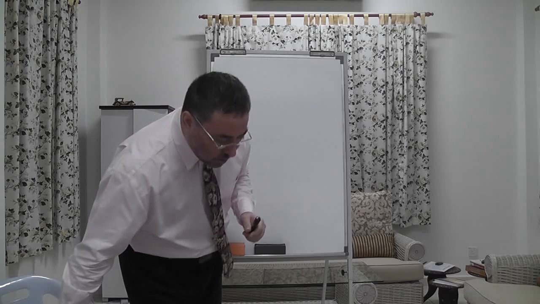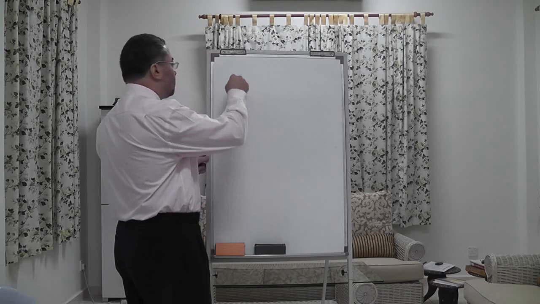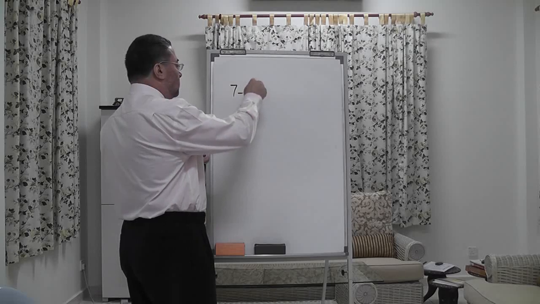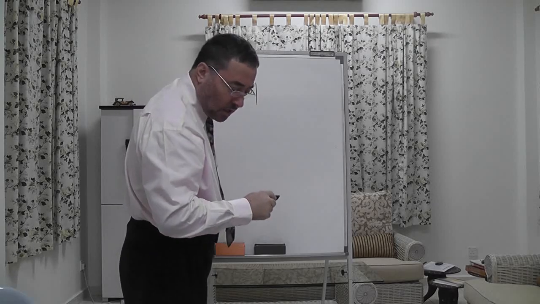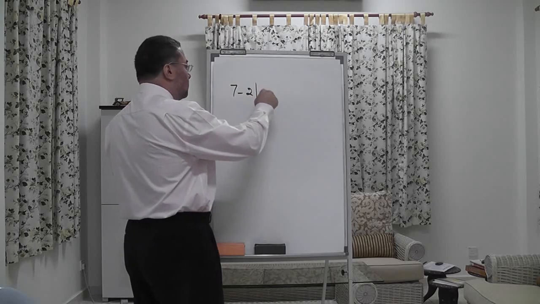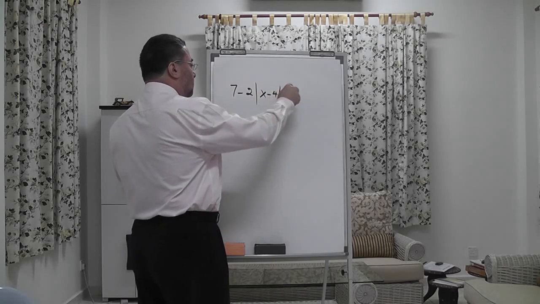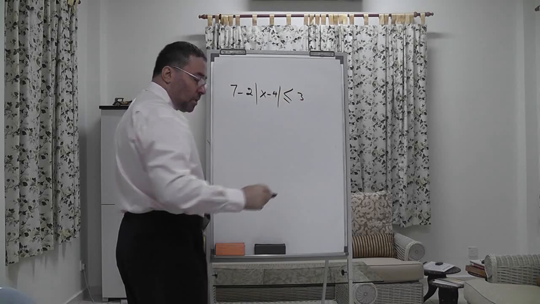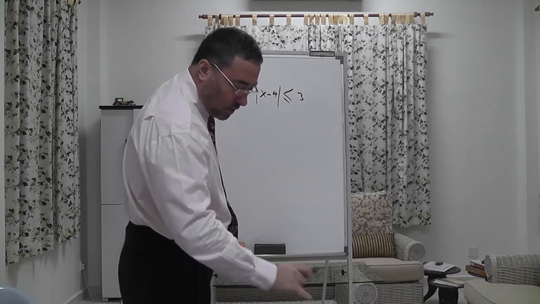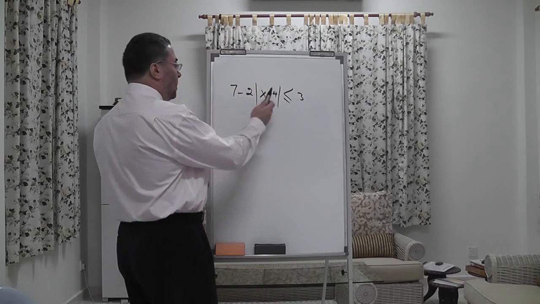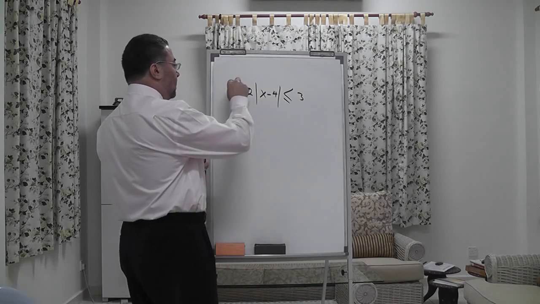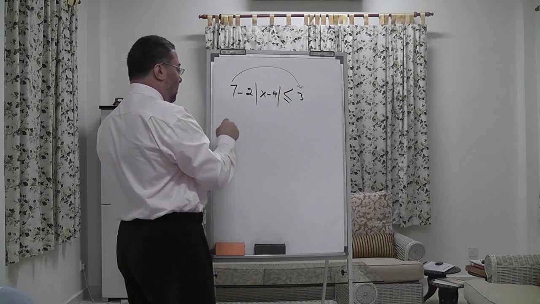Next we do number 31. 7 minus 2 absolute x minus 4 less than or equal to 3. Here we isolate our absolute value, so we take 7 to the other side, and we get minus 2.